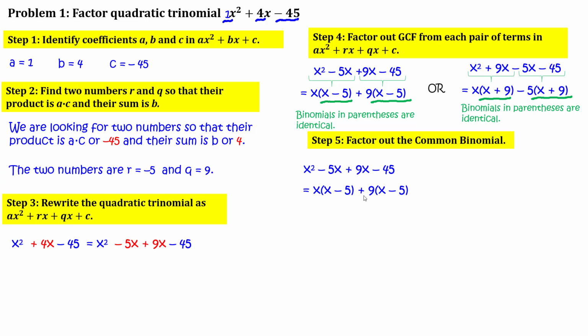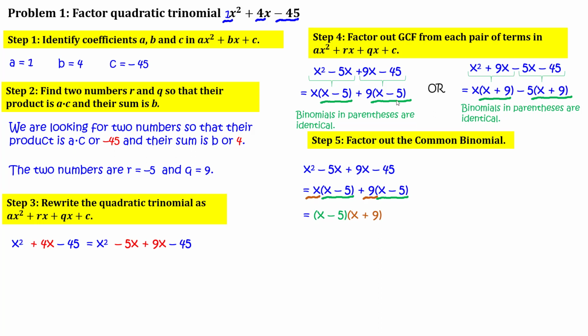You got x times x minus 5 plus 9 times x minus 5. Remember how we factored: x minus 5 gets written in parentheses together in green, and then what you're left with is x plus 9. That goes in the second set of parentheses, and you're done undoing FOIL. So that's your factoring, x minus 5 times x plus 9.